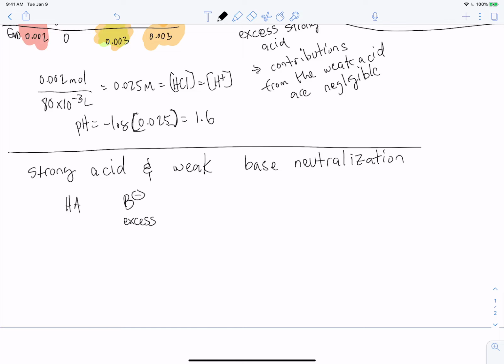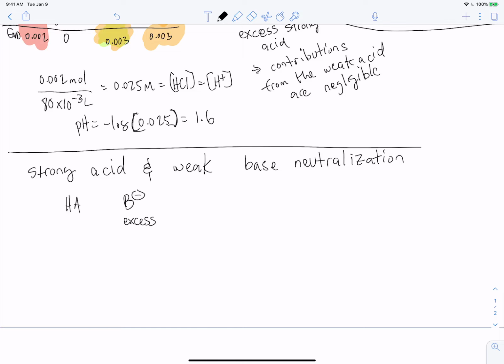So HA is a strong acid, and B minus is a weak base. And so we can have situation A, and maybe A is the wrong way to use here. Let's see, Roman numeral 1 situation, Roman numeral 2 situation, and Roman numeral 3 situation.